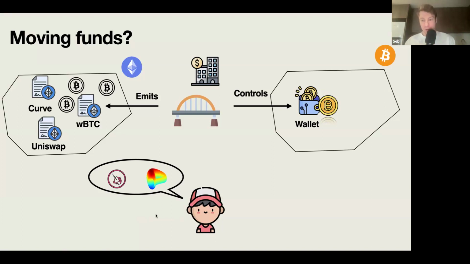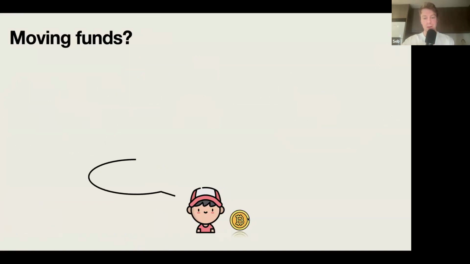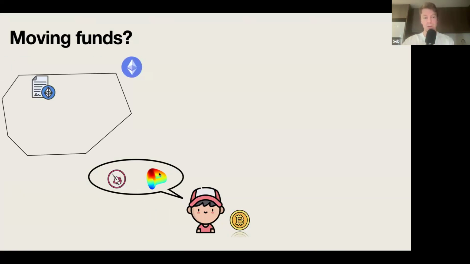A huge problem that has been preventing adoption of cryptocurrency is the problem of fragmentation between ecosystems. For example, in our scenario, we have, let's say, Tom, and Tom has some Bitcoin, and he wants to use it for applications like Uniswap or Curve Finance.